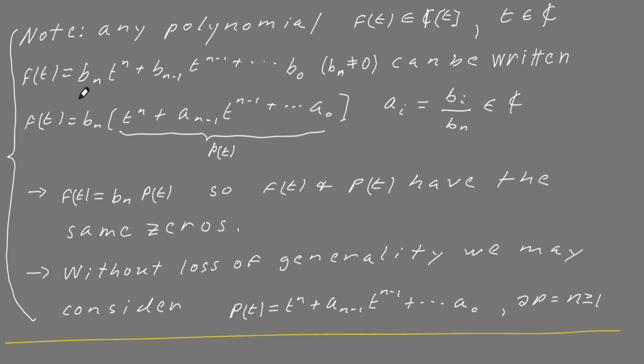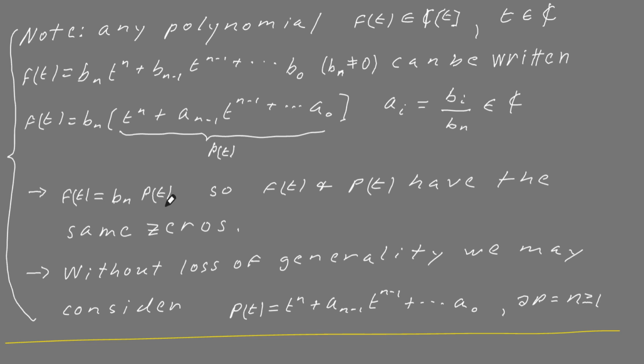Then you can pull out the b sub n and write this like this. And this polynomial over here is going to have leading coefficient of 1. And the a's here are just the original coefficient divided by b sub n. Then you can call this polynomial p of t, so you can write this original one like this.